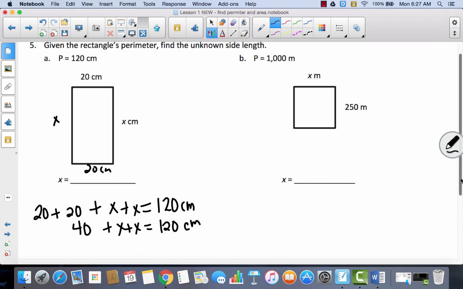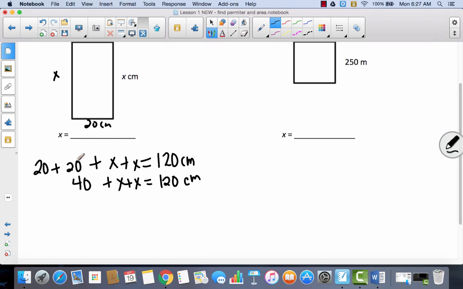So if I take away the 40, what's going to be left is the total of x plus x. So x plus x is equal to 120 minus 40. So x plus x is equal to 80.